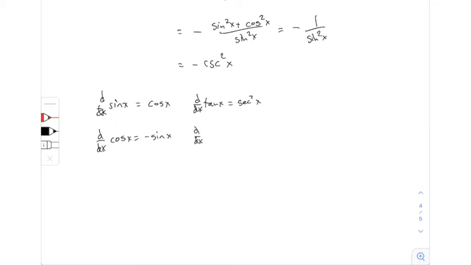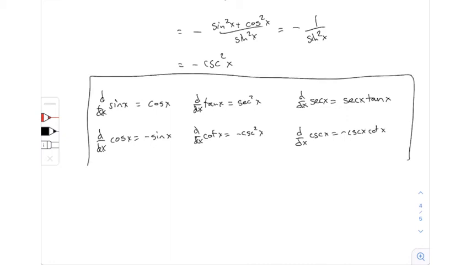The derivative of cotan x is negative cosecant squared x. And the derivative of secant x turns out to be secant x times tan x. And the derivative of cosecant is negative cosecant x cotan x. These last two, you could derive yourself using the quotient rule. It's not hard. It's really very similar to what we just did. All right, these are the derivatives of all the trig functions.